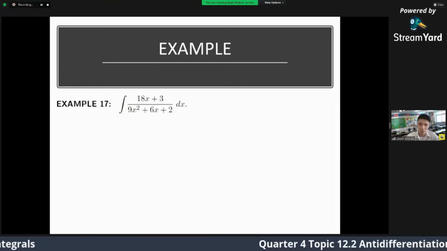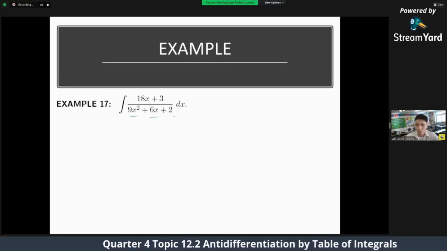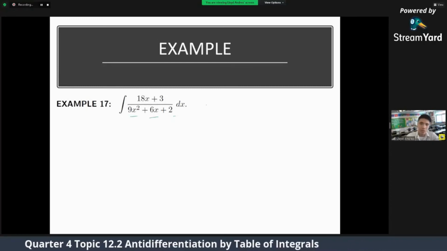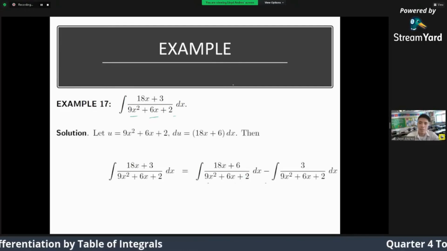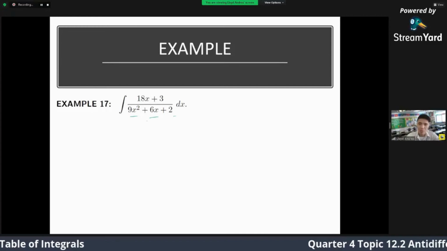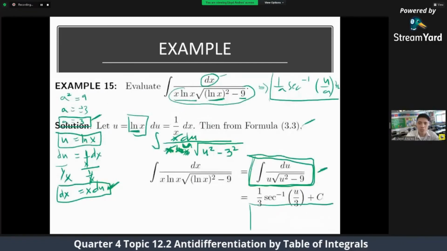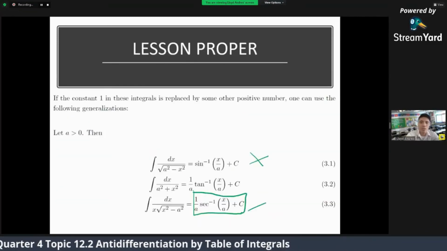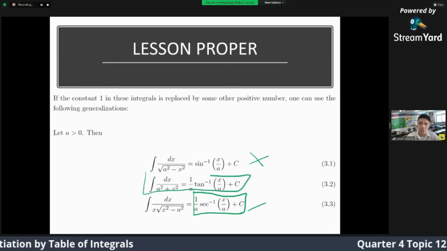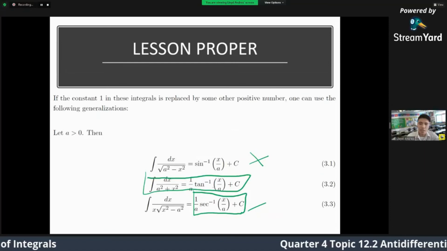If you look at it, the given is also a trinomial. But I think this is the second pattern because there is no square root. So for this second pattern, let's recall it. We expect our answer to be 1 over a inverse tangent of x over a.